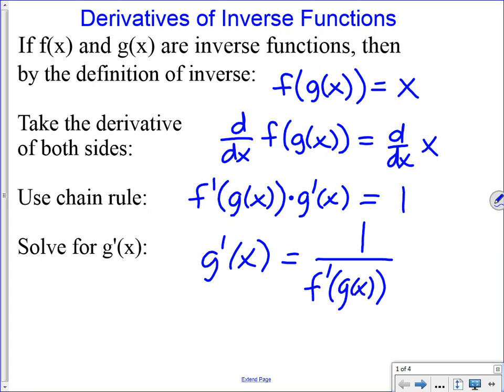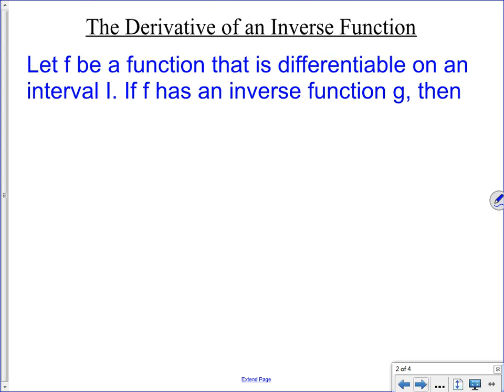And that basically is the rule for finding the derivative of an inverse function. If g of x is the inverse of f of x, then g prime of x is going to equal 1 divided by f prime of g of x.